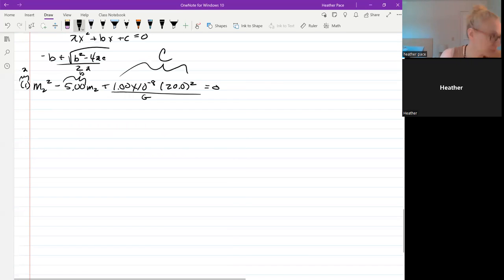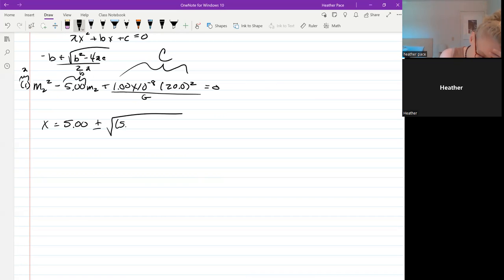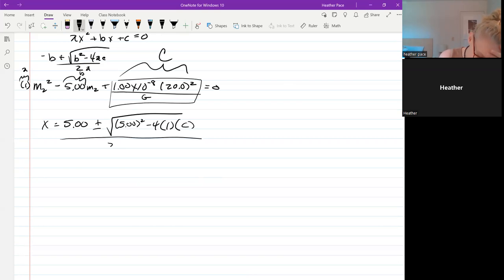All right, so if we were going to throw our values in, we're going to have x equals positive 5, because our B is a negative, plus or minus the square root of 5 squared minus 4 times this thing, let's call that C, all over 2 times 1.